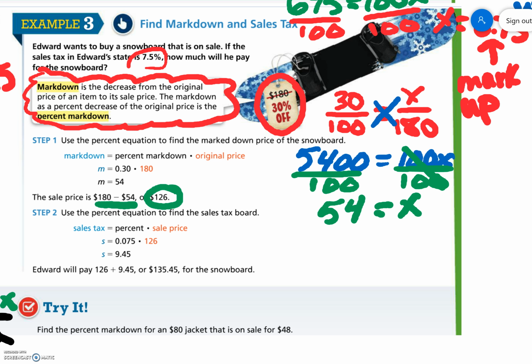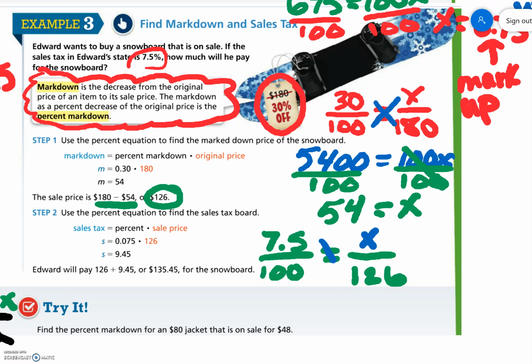But we all know when we go shopping, it is not just $126. We have to add the tax. So the tax is 7.5%. So our 7.5 goes over 100. And now our new price of the snowboard is $126. Solving for x, got to cross multiply.